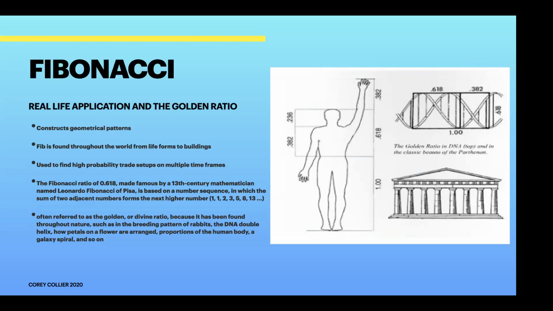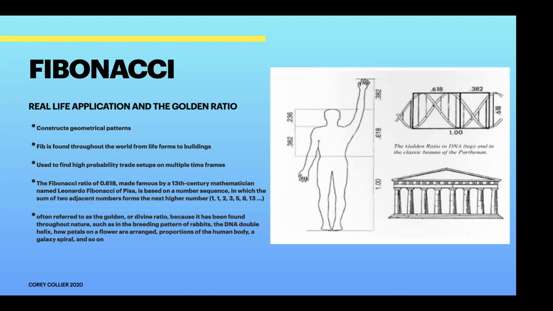On the left-hand side, you've got 0.382 and 0.236. Those are two different Fibonacci retracement levels, okay? If you add those two together, they equal the 0.618, all right?